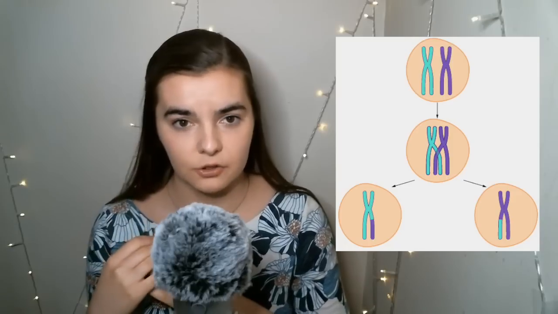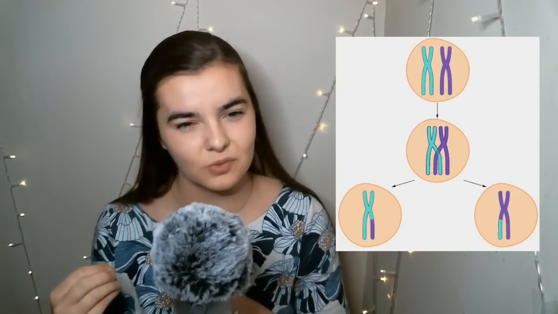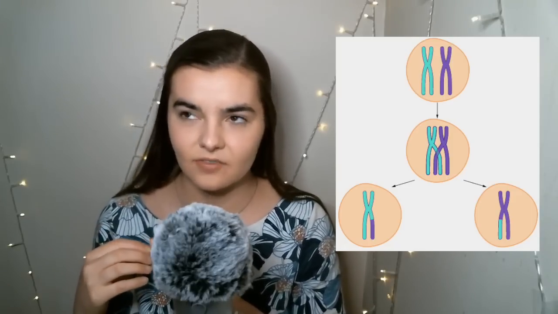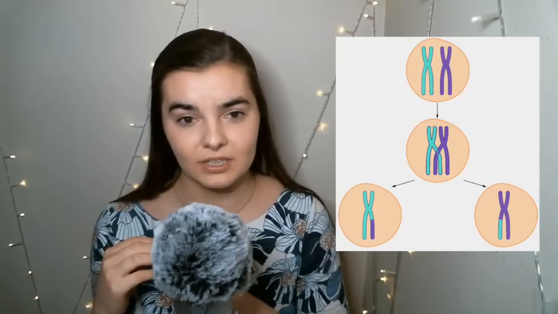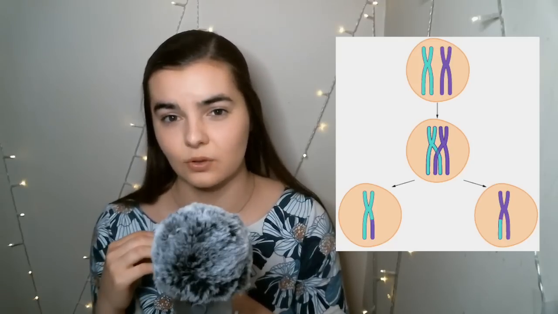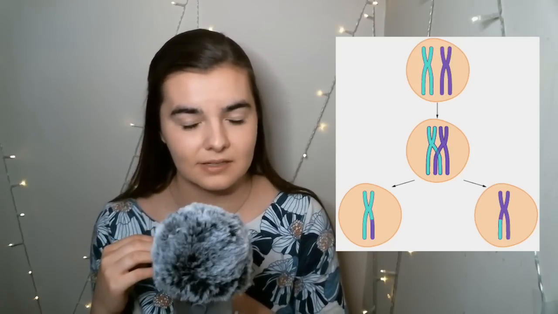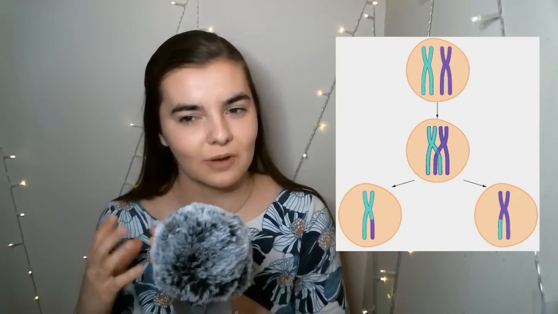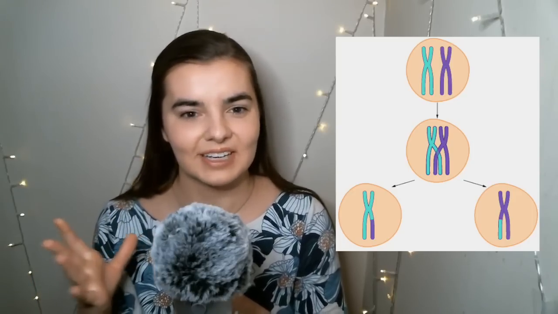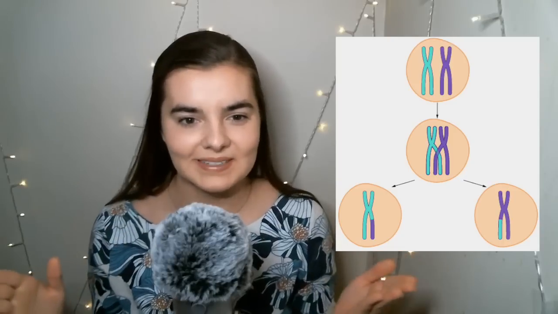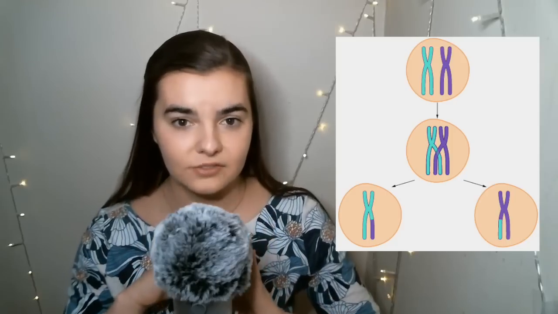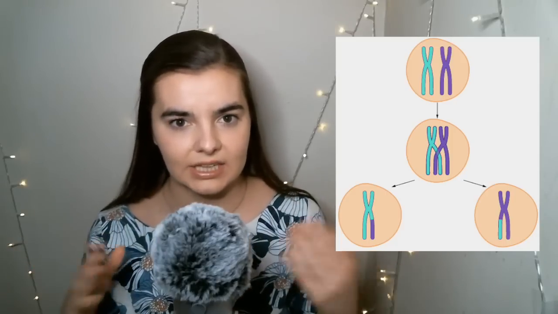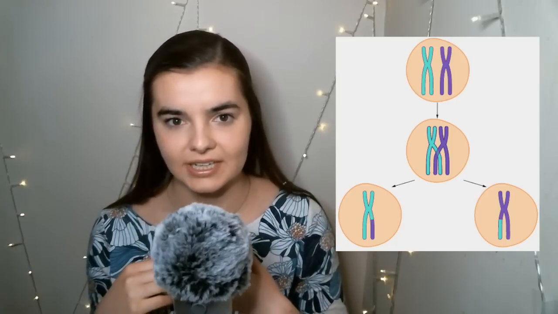That's how you get so much variation, because obviously if that didn't happen, your parents wouldn't have that many possible combinations that they could make in babies. We know they're not going to give birth to the same kid twice, unless you're identical twins. So that crossing over and the sharing of genetic information is one thing that leads to a lot of variation in the kids that your parents could make.